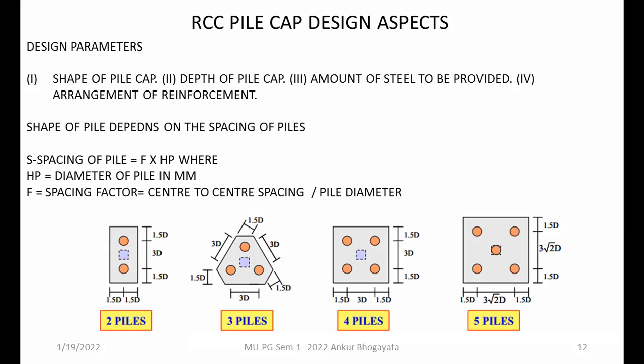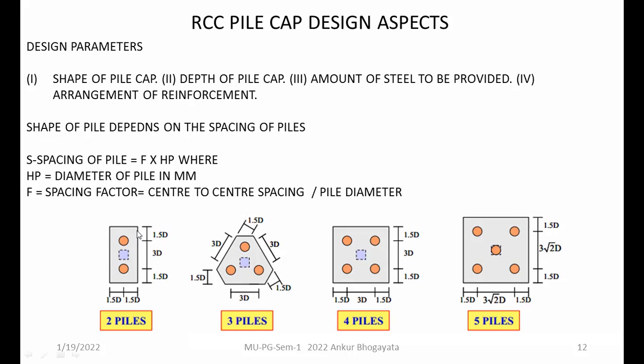In all four cases, there is a specific value of the center to center distance of the piles given, like in the first case 1.5 times d, where d is of course the diameter of the pile. This is the minimum spacing that you have to maintain, and that will basically decide the overall dimension.